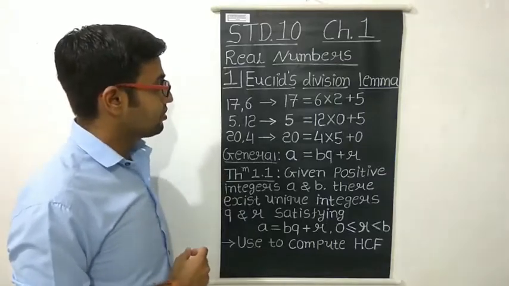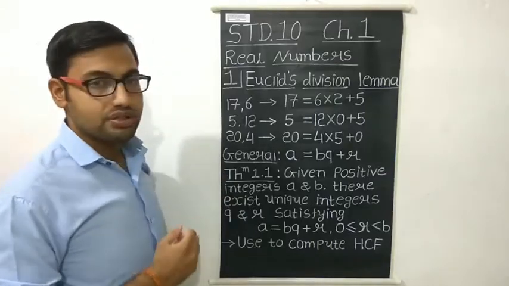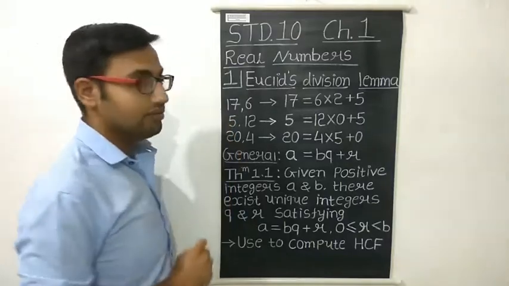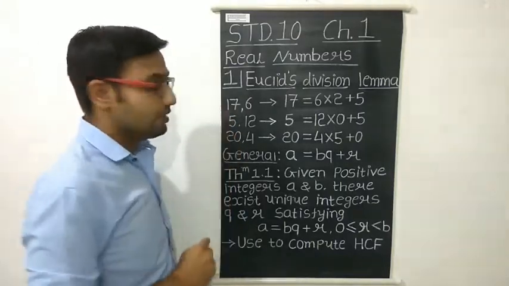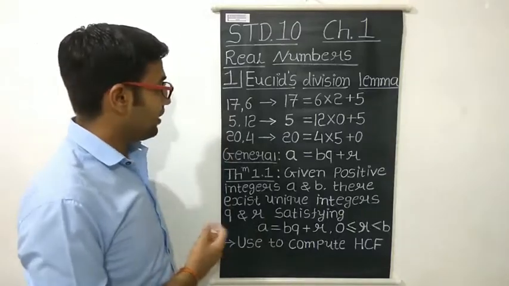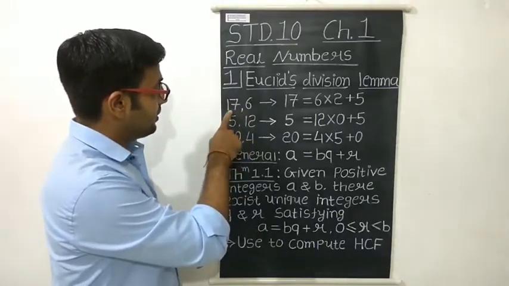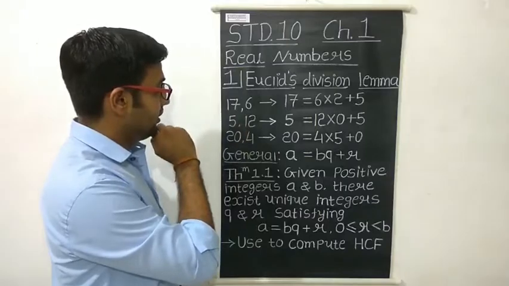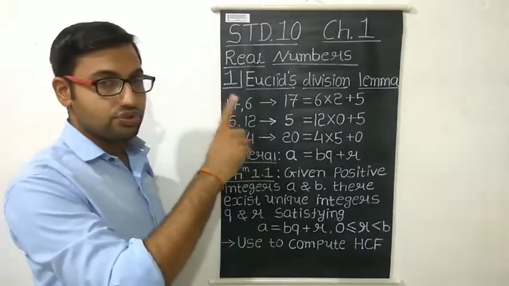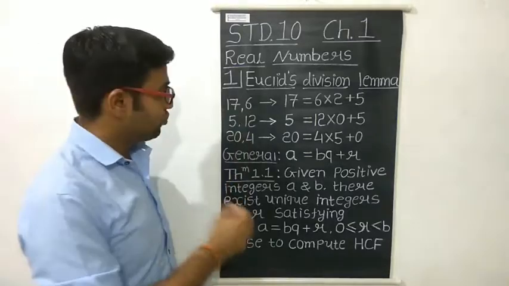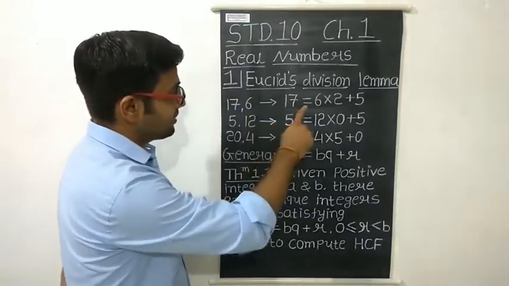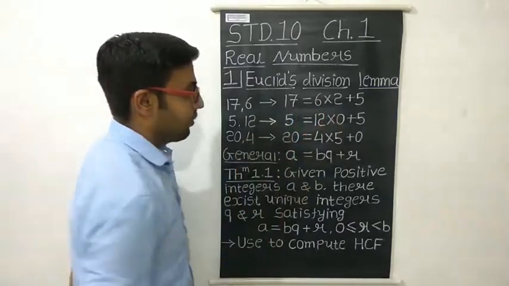Let's suppose there are two numbers, 17 and 6. We want to divide 17 by 6. Then what will happen? We divide 17 by 6, 6 twos are 12, and we get 5 as a remainder. So we can represent 17 as 6 multiplied by 2 plus 5.